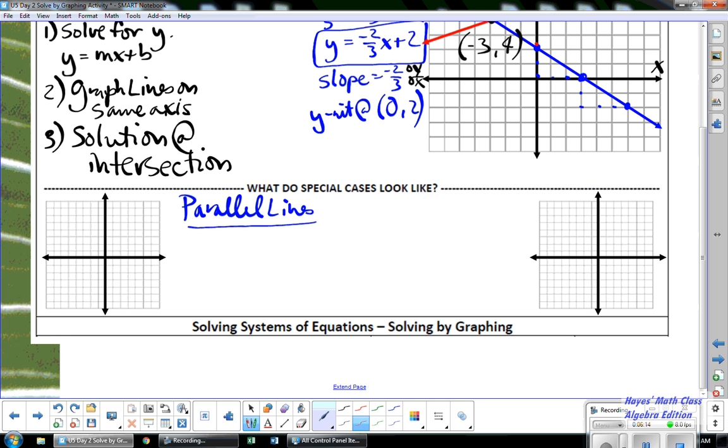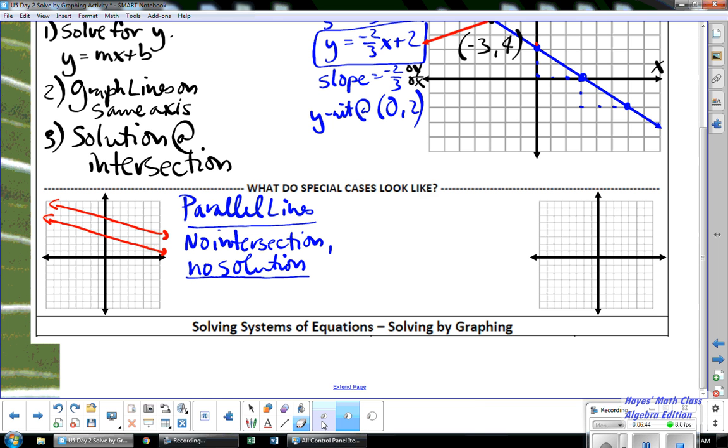So draw the parallel lines however you want. They can both be horizontal, they can both be vertical, they can be negative slopes, positive slopes, just as long as they're not intersecting and they're the same distance apart. So if I get parallel lines, that means I have no intersection, which means I have no solution.